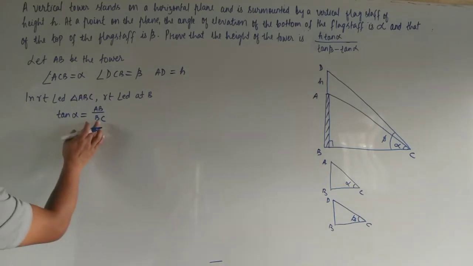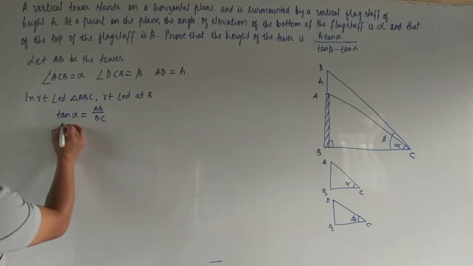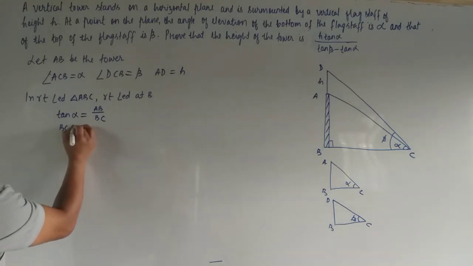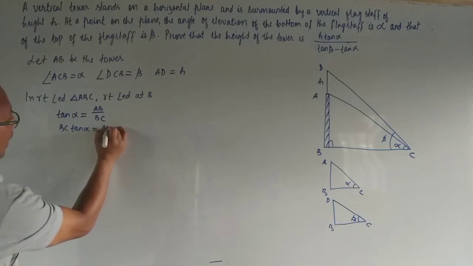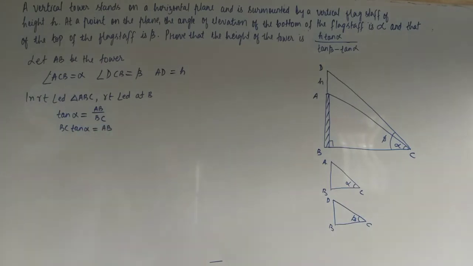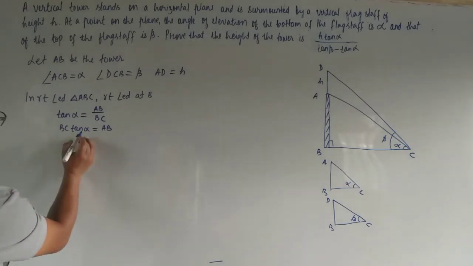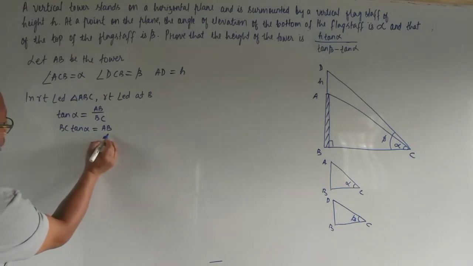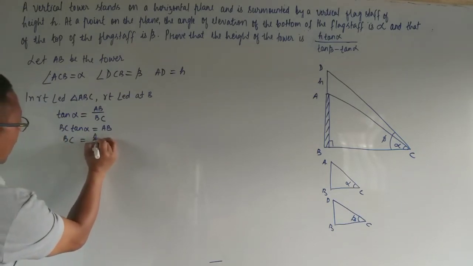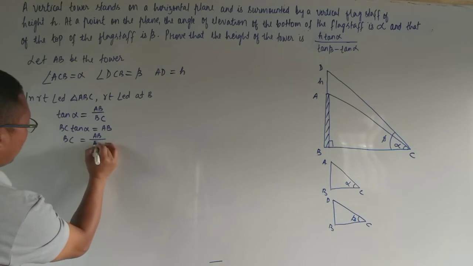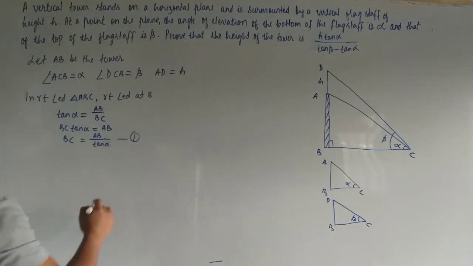So BC tan alpha equal to AB. Then take this to the denominator. BC equal to AB by tan alpha, and call this equation 1.